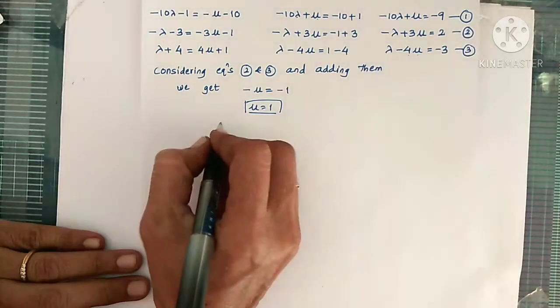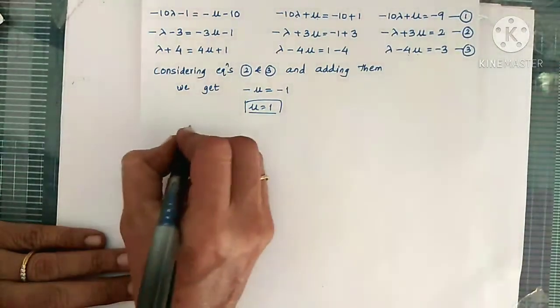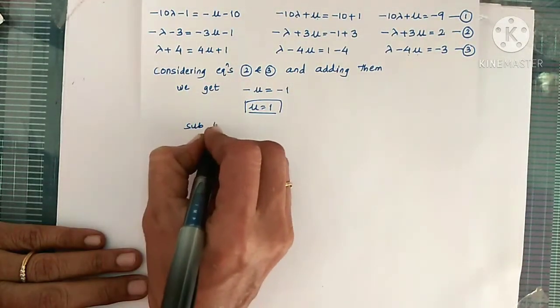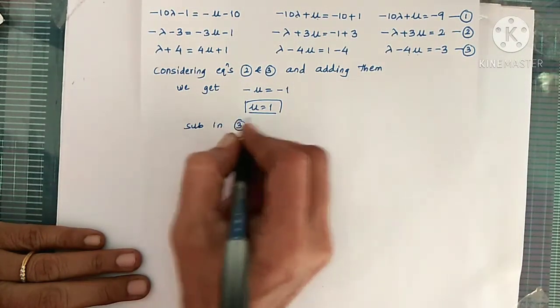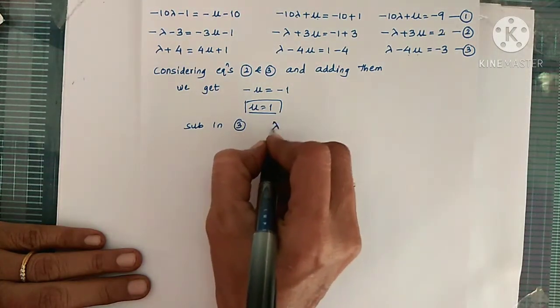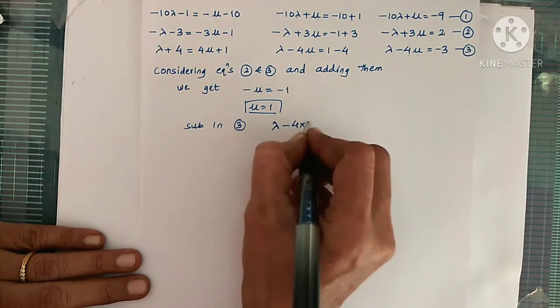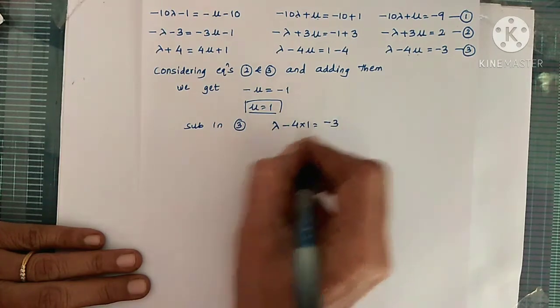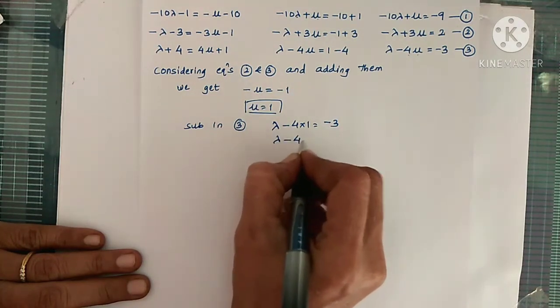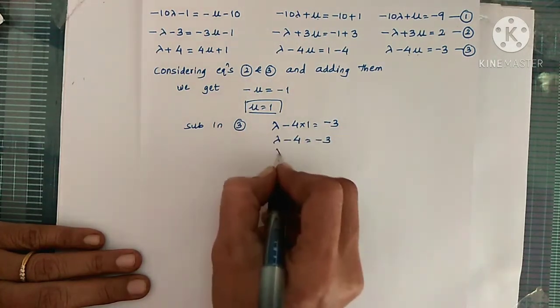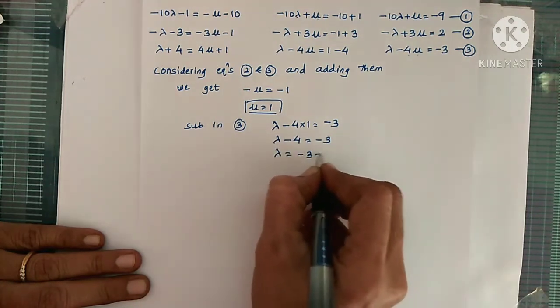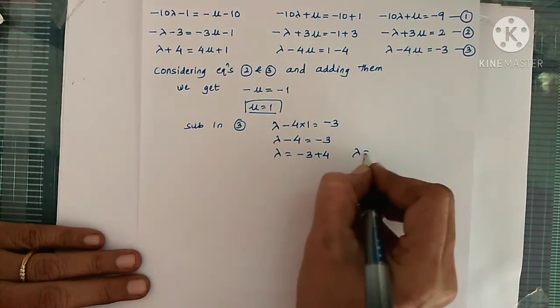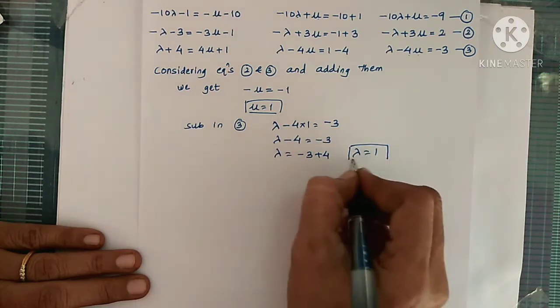So let's substitute in the third equation. Substituting in equation number 3, we have lambda minus 4 into 1 equals minus 3. So lambda minus 4 equals minus 3, lambda equals minus 3 plus 4. So the value of lambda equals 1.